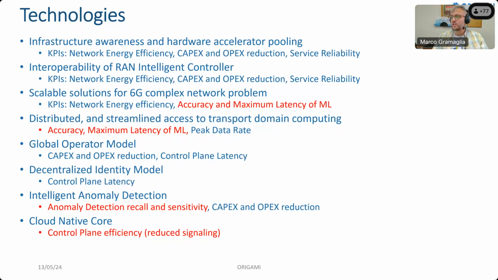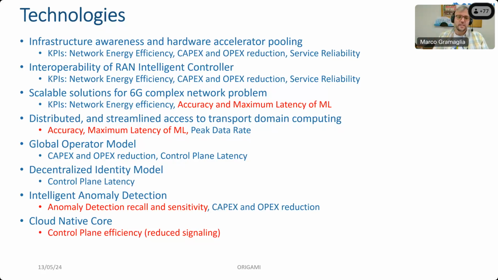The third one is the design of scalable solutions for 6G complex network problems. In 6G, we are expecting to have a much larger scale of problems such as routing or scheduling, so we need to solve them fast. The solutions we design are going to target network energy efficiency.